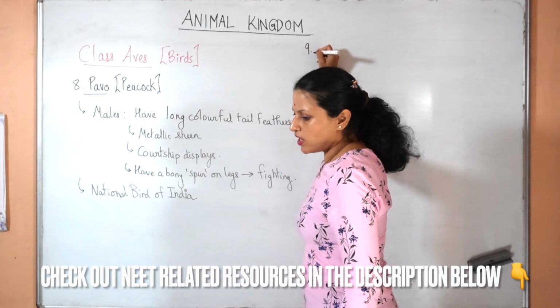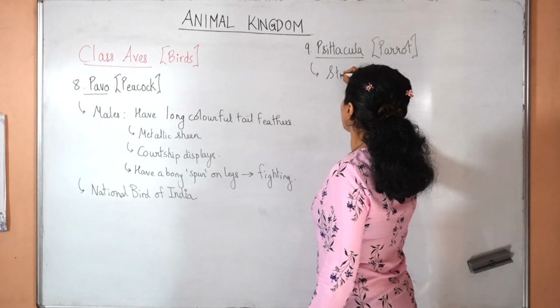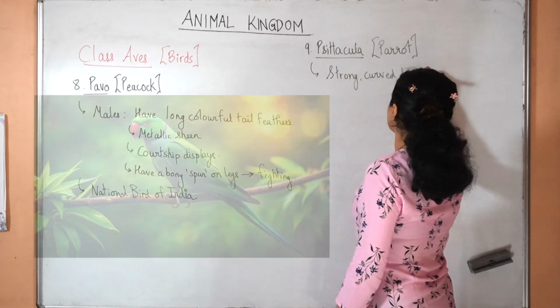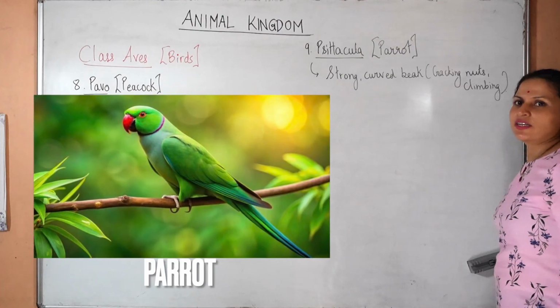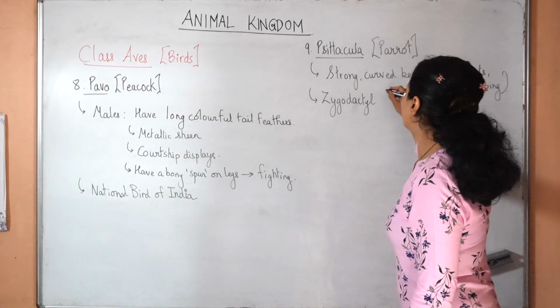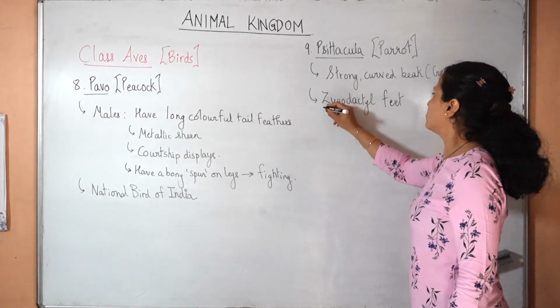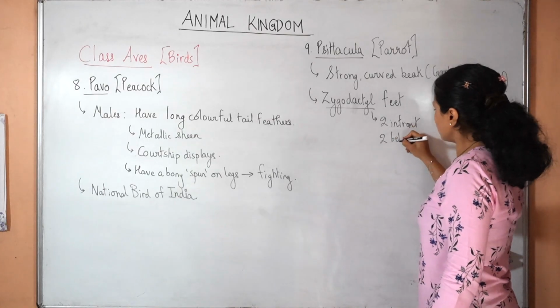Next is Psittacula, scientific name of parrot. It has a strong curved beak which it uses for cracking nuts, and for climbing also it uses its beak. Zygodactyl feet. Zygodactyl feet means two toes are in front, two behind, like that.